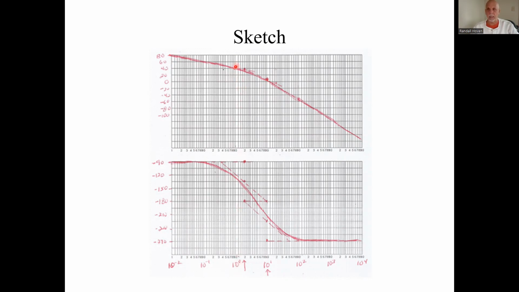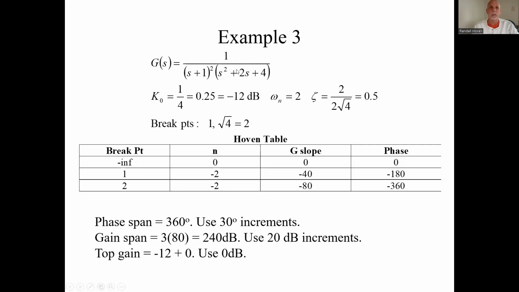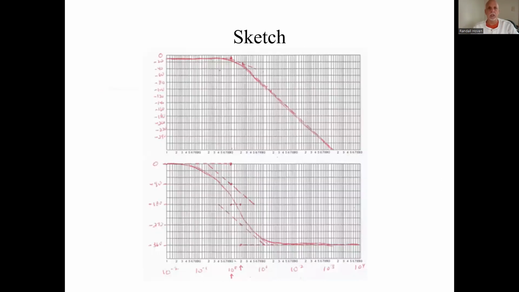That's where we put that K sub 0, and then we draw the slope from there. In this example 3, it was minus 12 dB. It's at 10 to the 0, meaning omega equals 1, not because that's a breakpoint, that's just where the K0 term goes. But you extend that straight line, that first asymptote, to the first breakpoint.